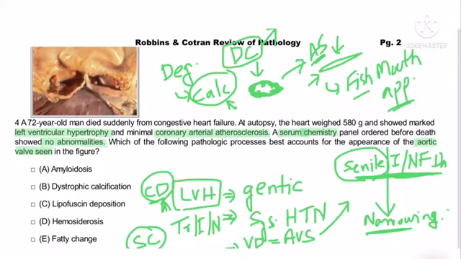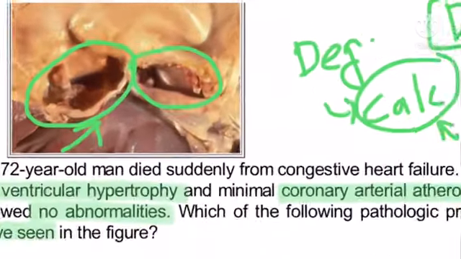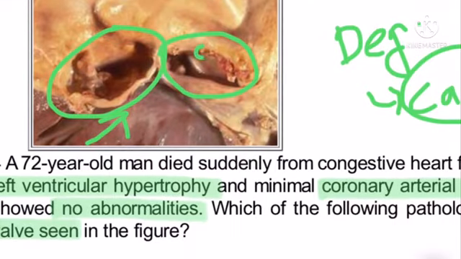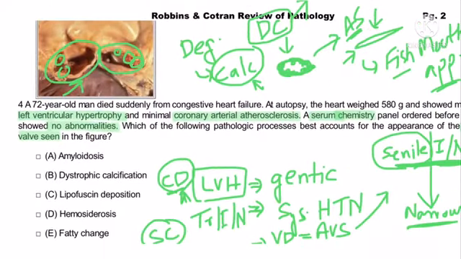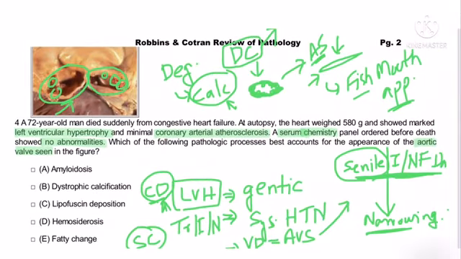Looking at this valve, we can see the leaflets, and if you zoom into this image, you can find these calcium nodules deposited over the valve. This is what we call dystrophic calcification. So what should be the answer? It is not amyloidosis, not lipofuscin, not hemochromatosis, not fatty change. Fatty change, amyloidosis, and lipofuscin usually affect the myocardium. So it's dystrophic calcification.